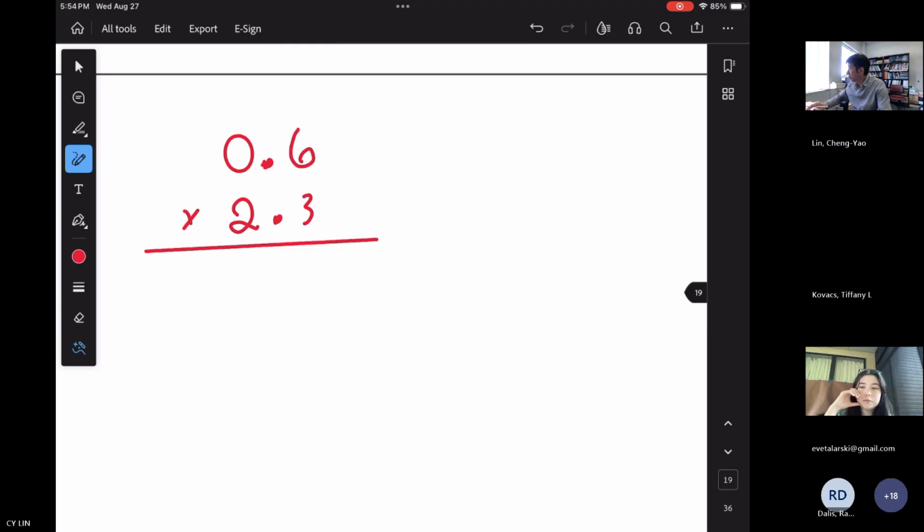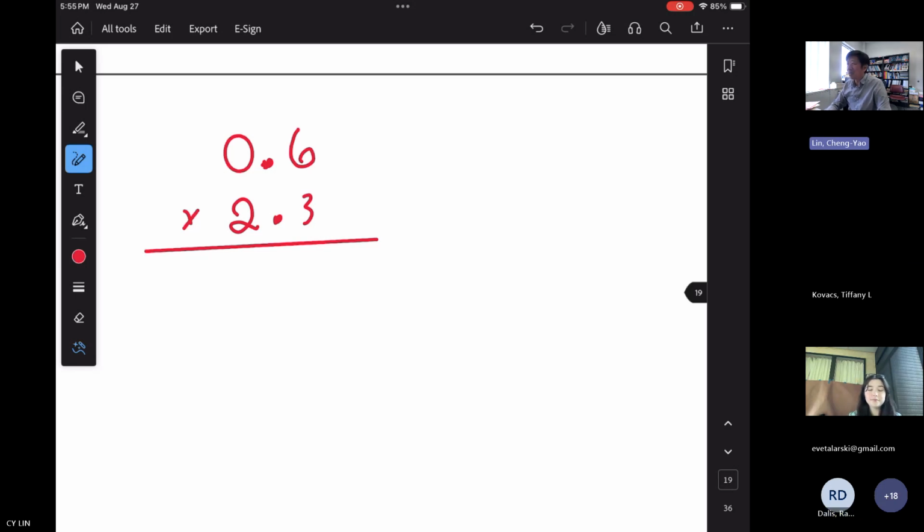Multiply from the right-hand side. Do you remember when you did this, the teacher would say, ignore the decimal point? You start on the right side and you ignore the decimal point.